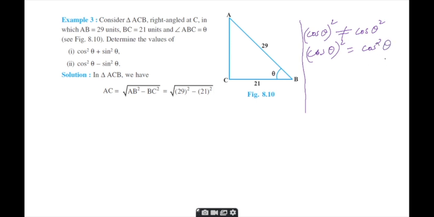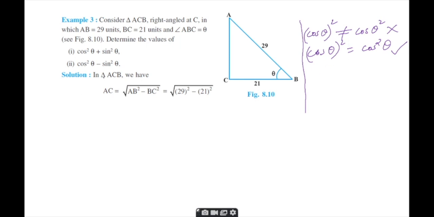This is the correct method. This is a wrong method. So whenever a square of a trigonometric ratio comes, we should write that square between that ratio and the angle. And how to read it? Cos square theta. Its meaning is square of cos theta.